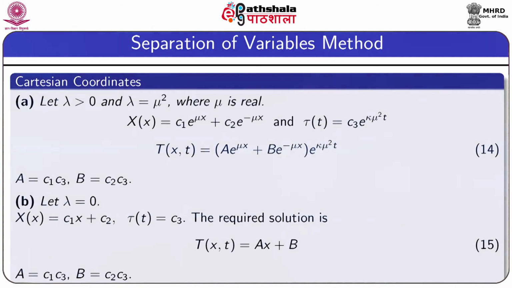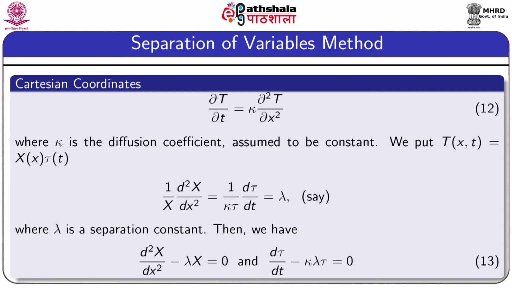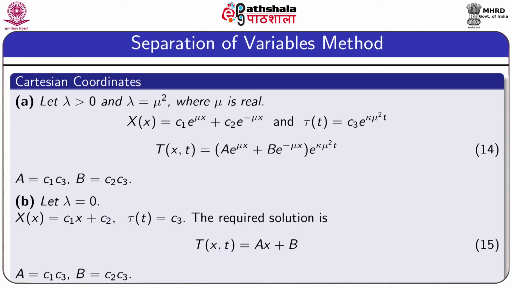So, lambda can be written as mu square, where mu is a real constant. Putting this value of lambda, the equation for capital X becomes d2X dx square minus mu square X equals 0.